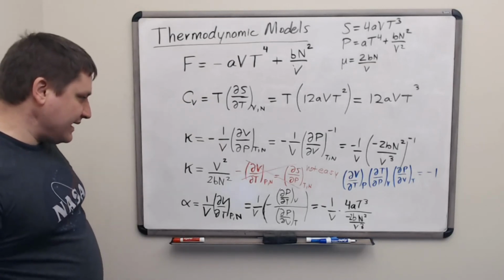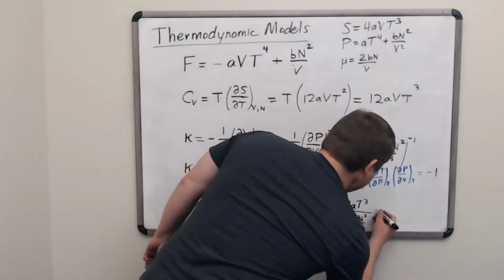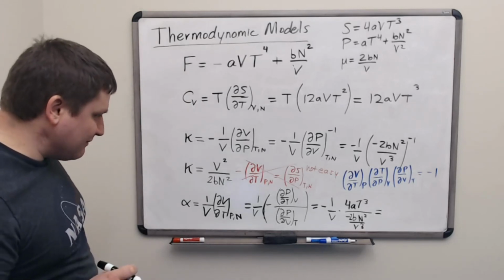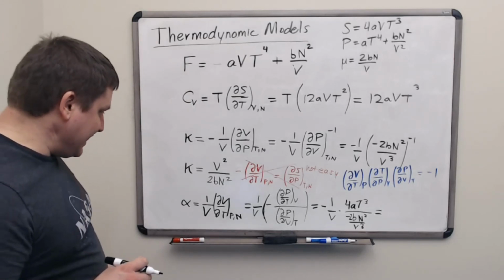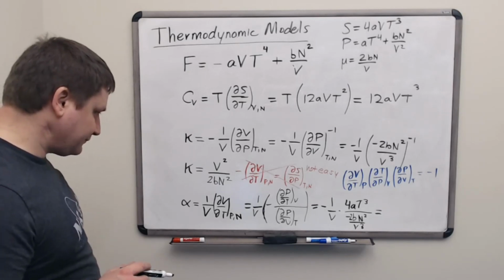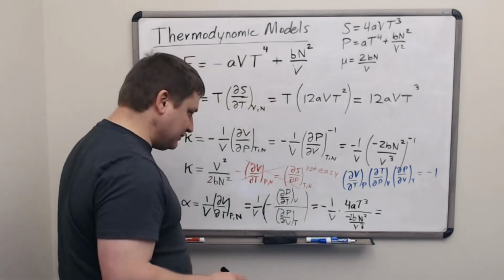All right, and that is our formula for the coefficient of thermal expansion in this model. I think I probably could simplify this a little bit more. Let's see, the minus signs ought to cancel there. So minus cancels to a plus.